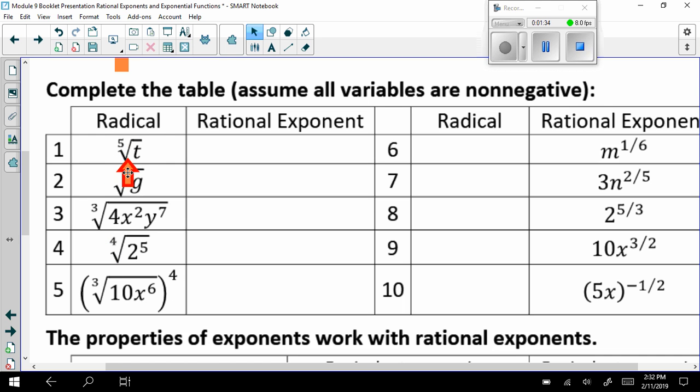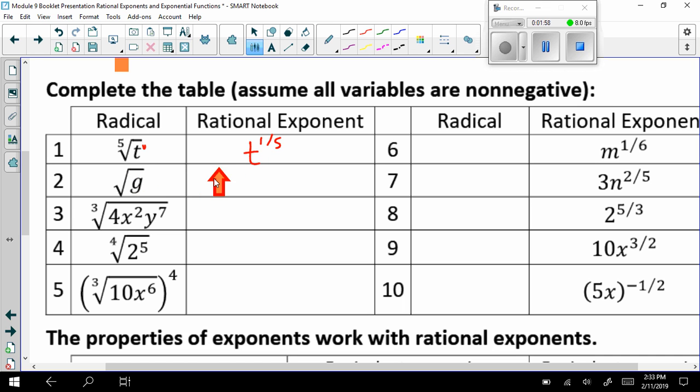We're going to start over here. These are in radical notation, so I've got the radical sign there. Remember, this one would be said the fifth root of t. So t is my base, and when I rewrite it, t is going to stay my base. I've got an understood exponent of 1 and an index of 5, so my exponent here is going to be 1/5. You're going to have to write pretty small.